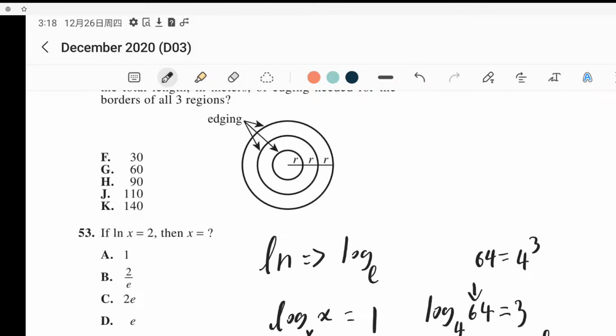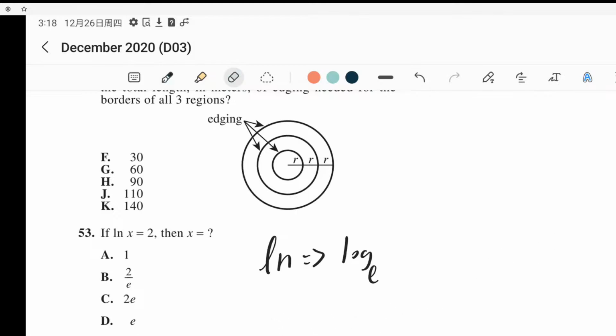So by this property, we can now look at natural logs. Natural log of e will equal 1. Natural log of 0 will equal 1. No, it won't. Natural log of 0 does not exist. Natural log of 1 equals 0.